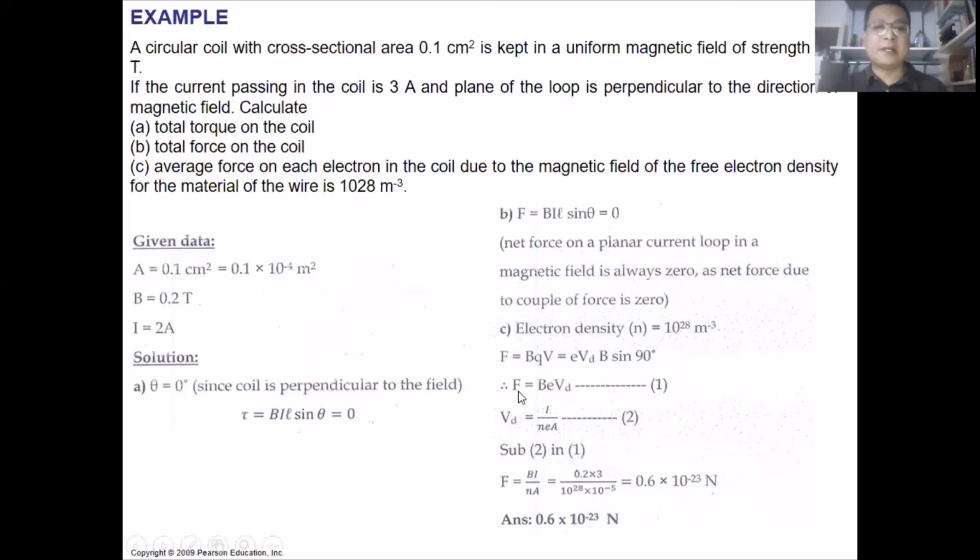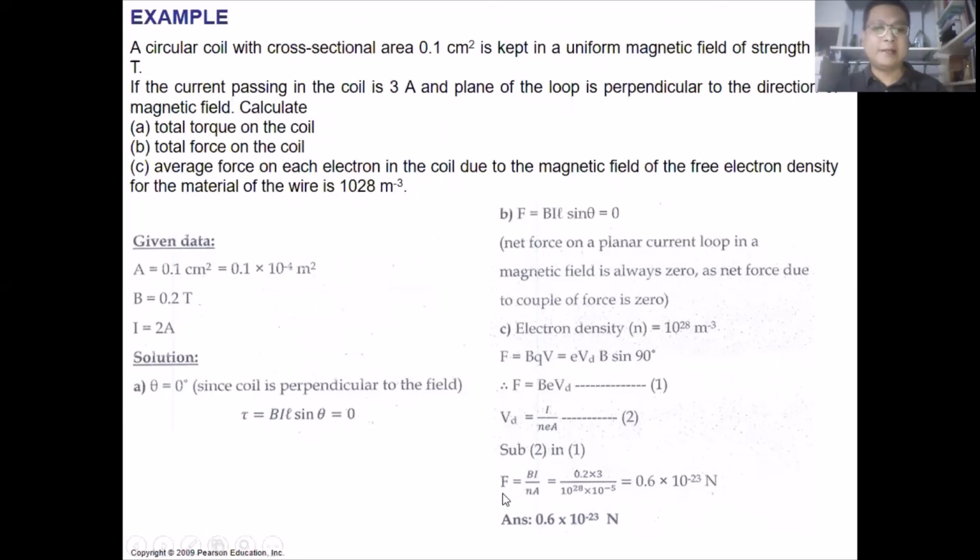We have two formulas here: the first one F equals BQV, and the second one is e v_d B sine 90. We can compare these formulas and then carry out v_d.